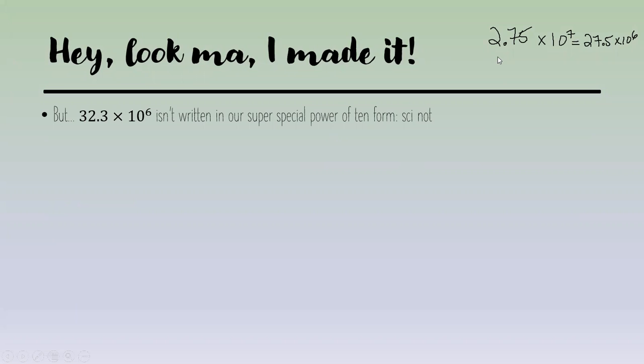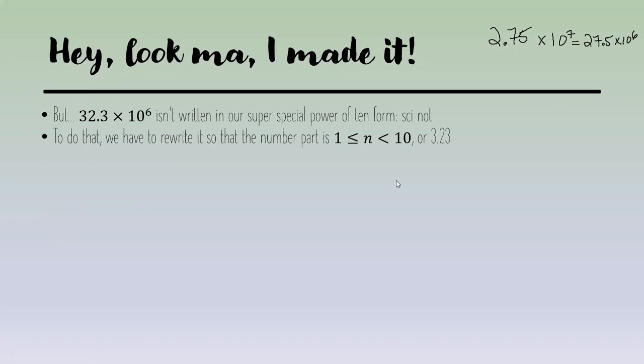So our answer is true, but usually we are told to write our answer in scientific notation. So we just have to now use our super special form and say, okay, well, the number I'm multiplying by the power of 10 has to be greater than or equal to 1, but less than 10.